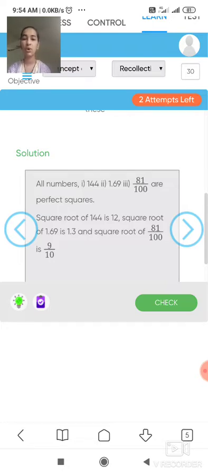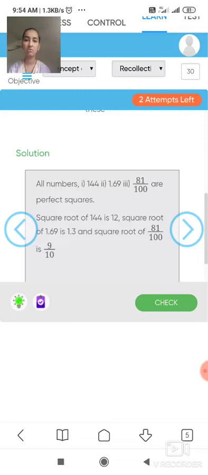Then the square root of 1.69 is 1.3, and these we can find by the division method. Students, you know the division method, how to find the square root? In that we learn how to find the square root by division method, then by prime factorization, then repeated subtraction. All these methods we know for finding whether the number is a perfect square or not. So with the help of that we can find this.